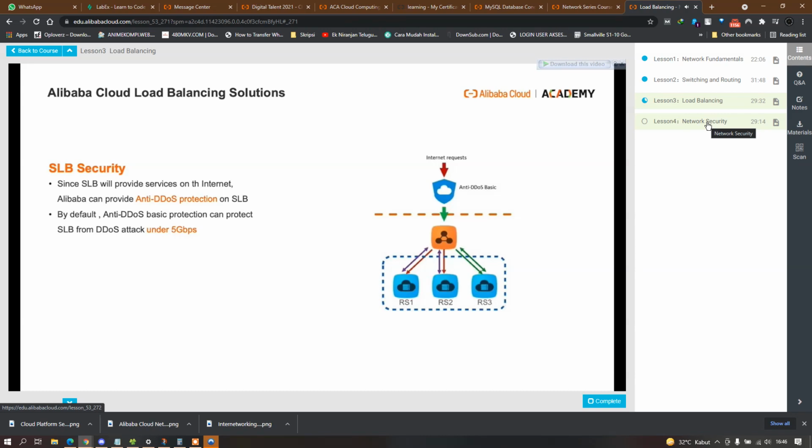And just like all the internet services on Alibaba Cloud, like ECS or RDS, the basic anti-DDoS protection from Alibaba Cloud can protect the SLB from DDoS attacks under 5 GB per second. This amount of DDoS attack can be protected. So this is the big advantage compared with the traditional hardware-based load balancer.